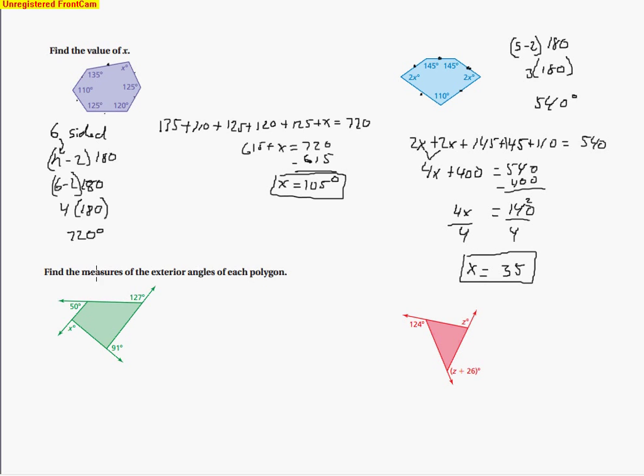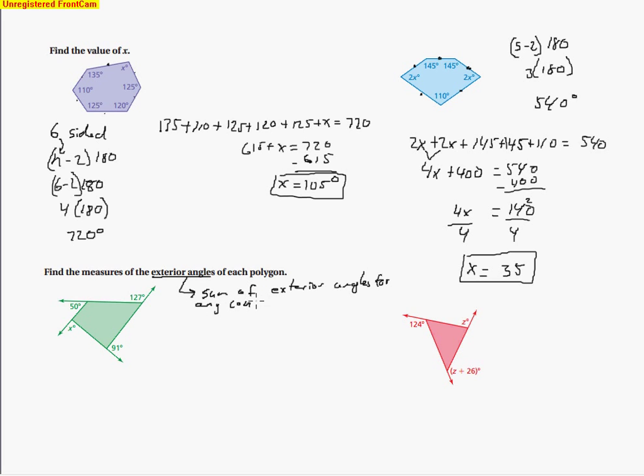So now we've got the exterior angles. No matter what, on any convex polygon, the sum of the exterior angles is constant.